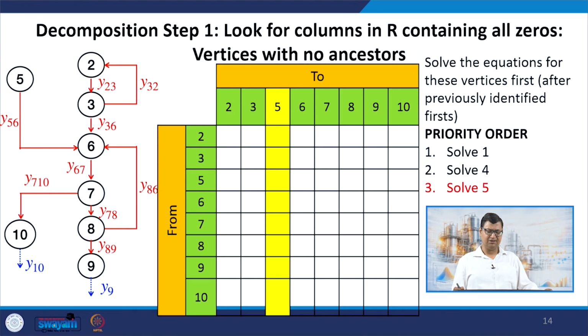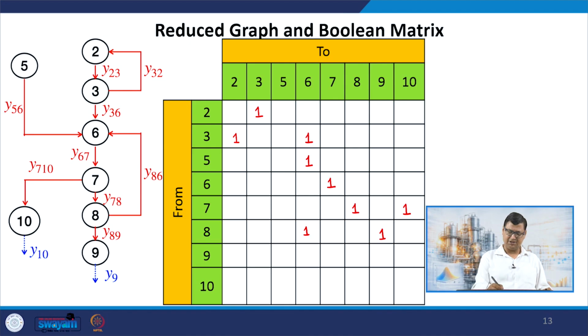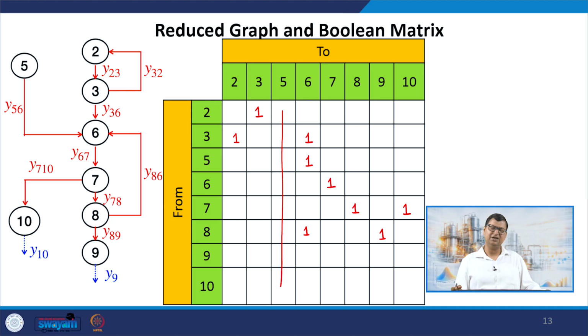become all 0, right? You can see here that this is all zeros. So now I can solve the balance for vertex 5, but we have already figured out that 1 and 4 have to be solved first. This column became all 0 only after deleting the rows and columns corresponding to vertex 1 and 4.